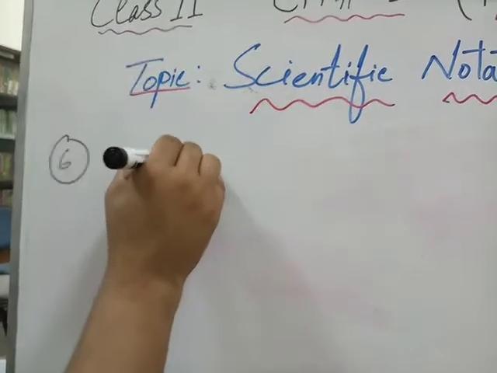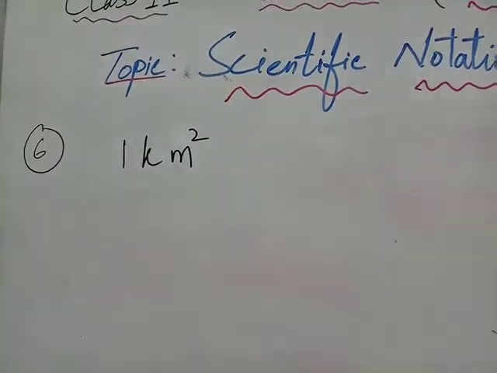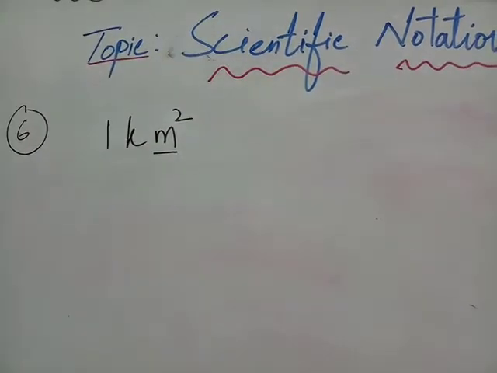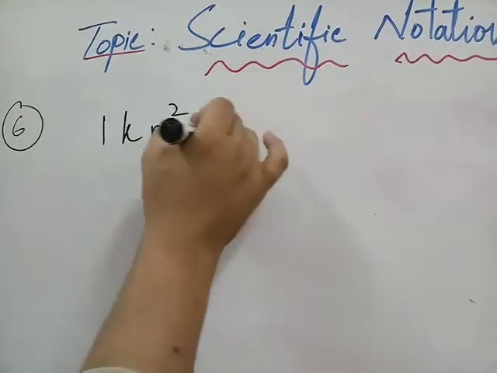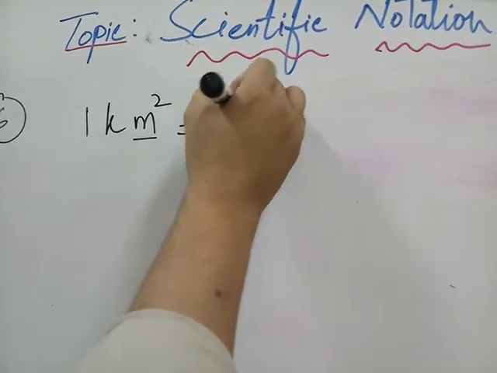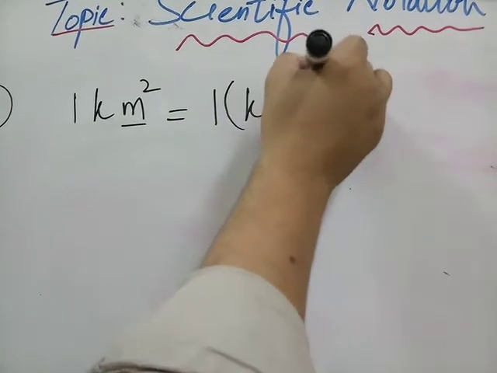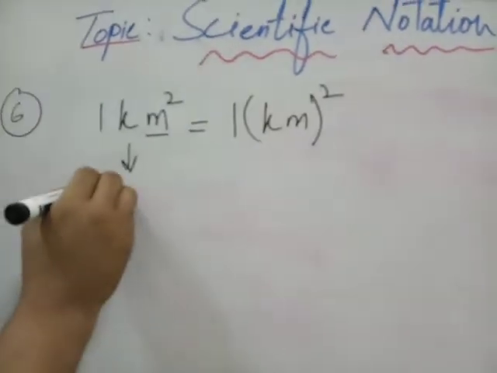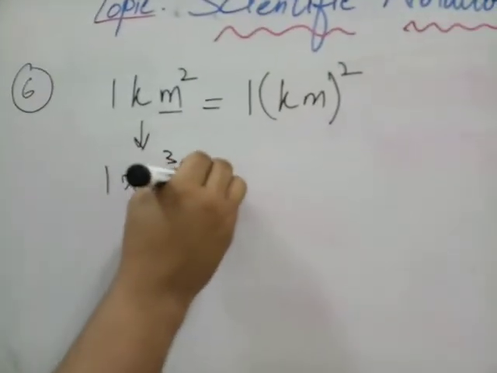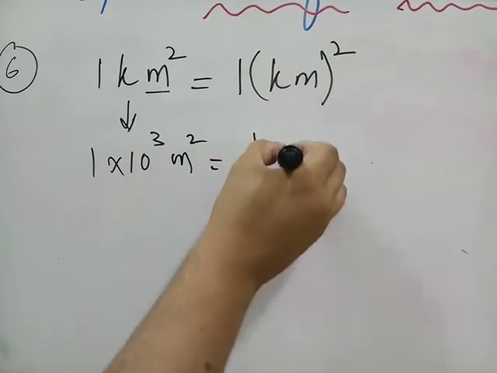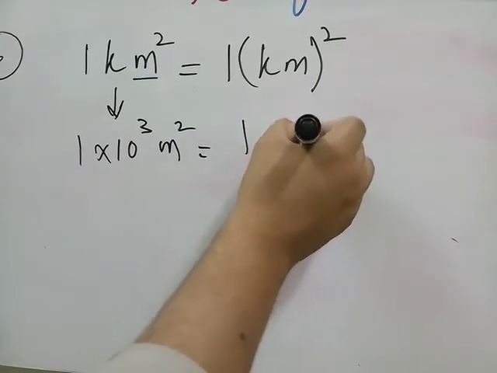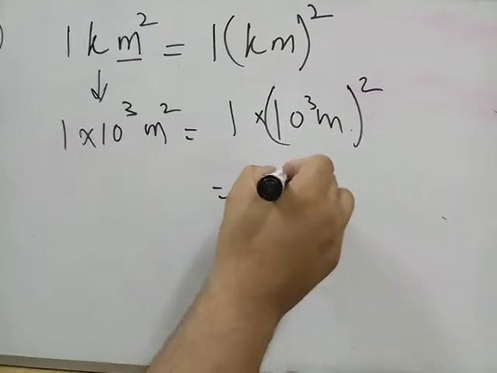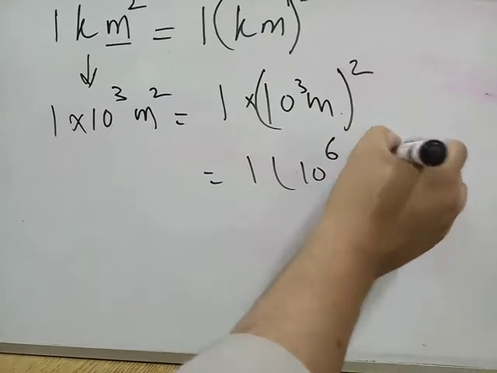This is 1 kilometer square. If you have 1 kilometer square, that is a unit for area. So this can be written as 1 kilometer whole square. When you solve this, this is 1 into 10 raised power 3 meter whole square, which becomes 10 power 6 meter square.